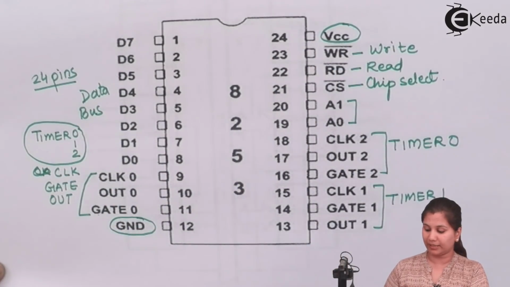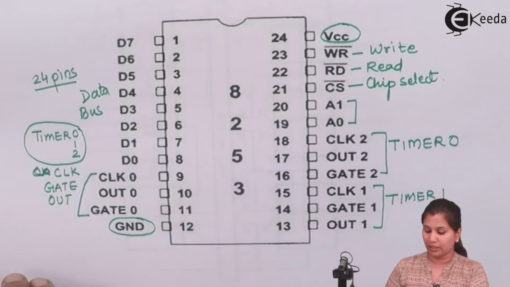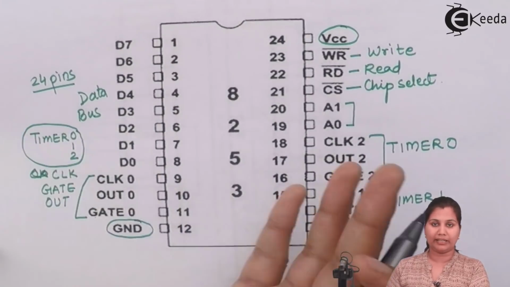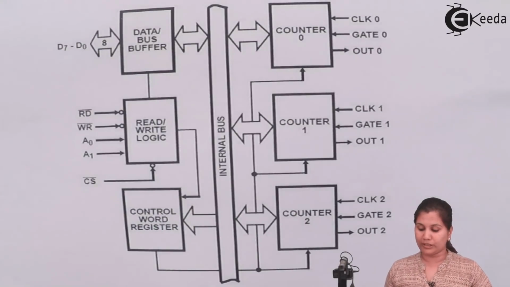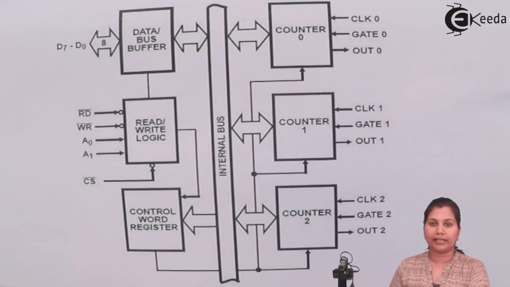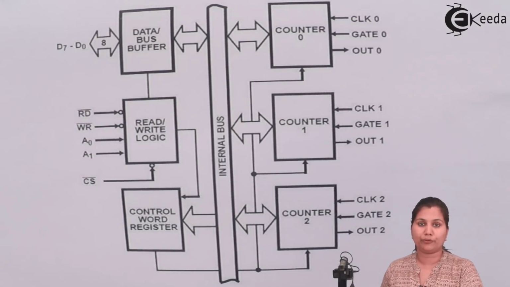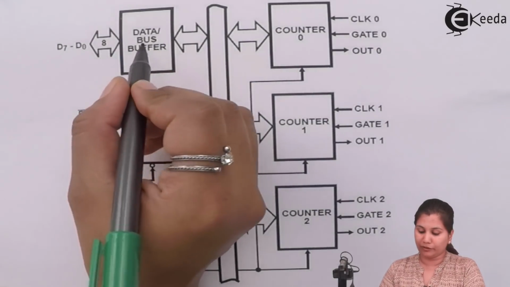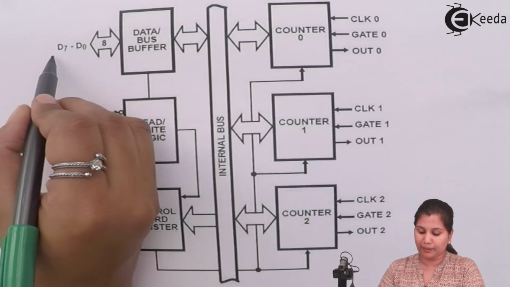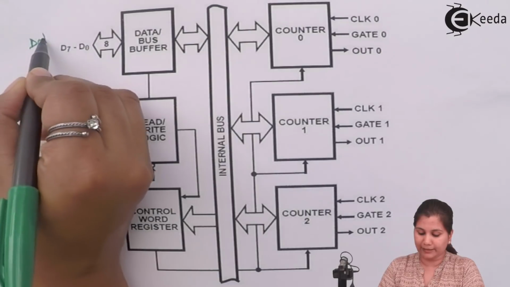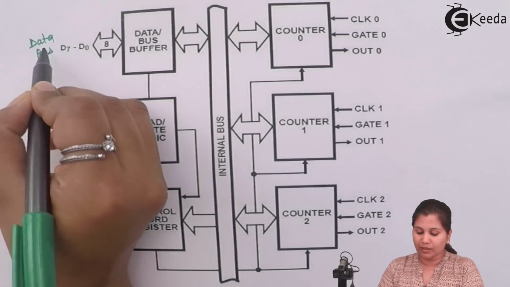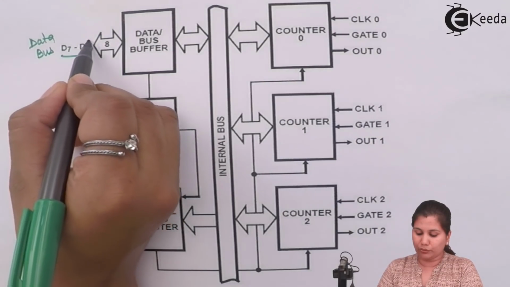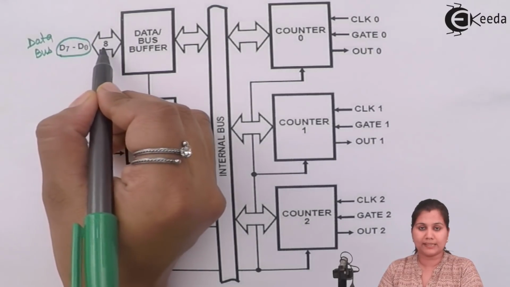So let's study each of the pins one by one. First, we will see the block diagram, because the block diagram is also related to it. So this is the block diagram of the 8253 or 8254 programmable interval timer. Here we have the data bus buffer, which is connected to the data bus. This is our bidirectional data bus. It is an 8-bit bidirectional data bus, so we have D0 to D7, 8 bits represented here.